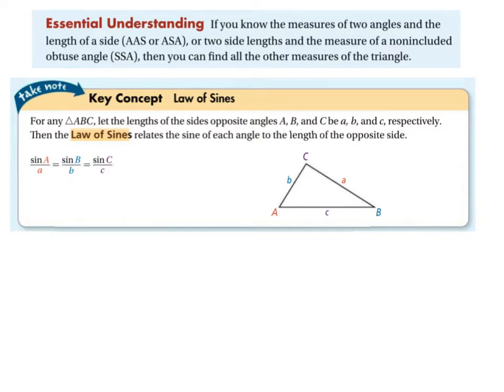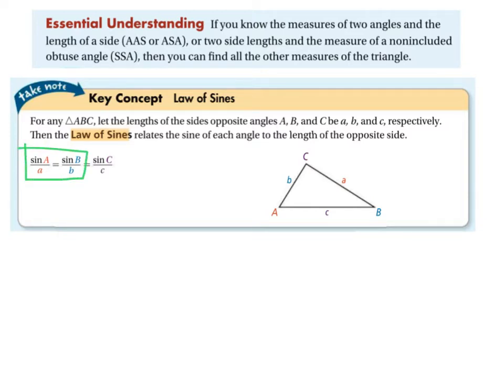Basically you get the ratio of the sine of this angle over that opposite side length, which will equal the sine of this angle over that opposite side length, which will also equal the sine of this angle over this opposite side length. What you're really going to end up with is two of them functionally when you're doing this.